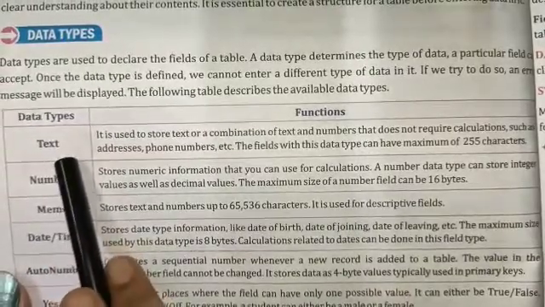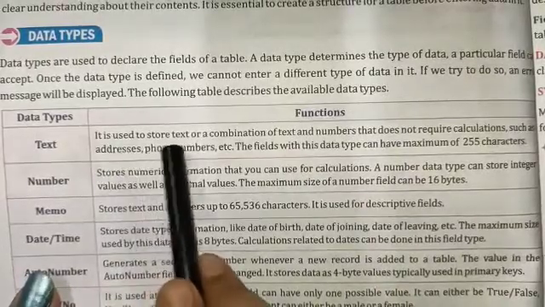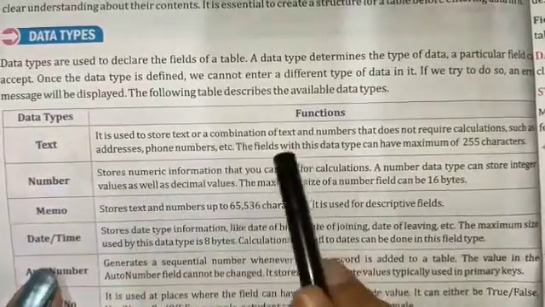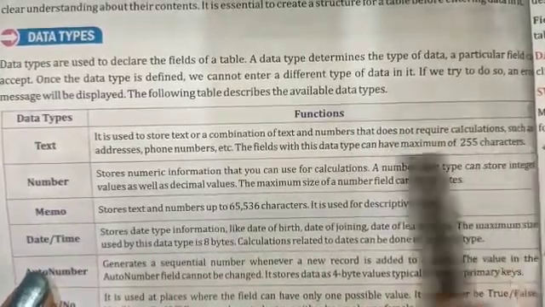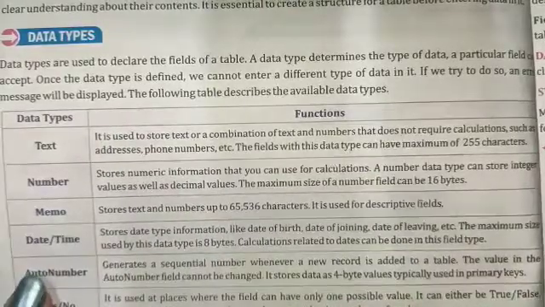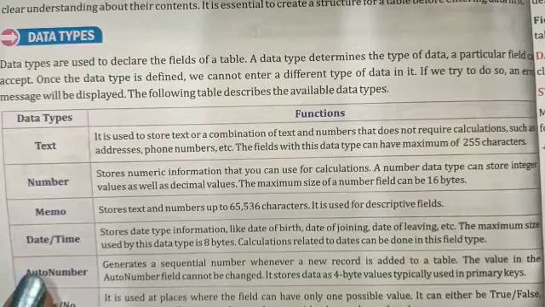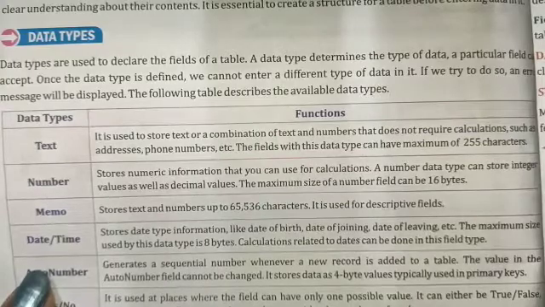The first data type is the text data type. It is used to store text or a combination of text and numbers that does not require calculations, such as addresses, phone numbers, etc. It can store numbers that do not require any calculation.